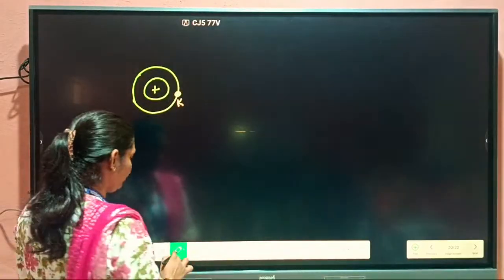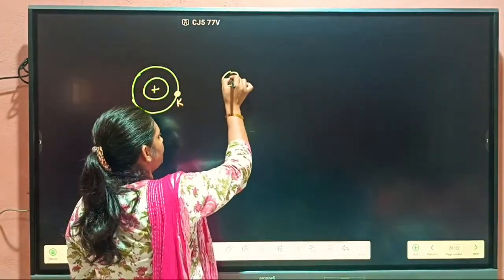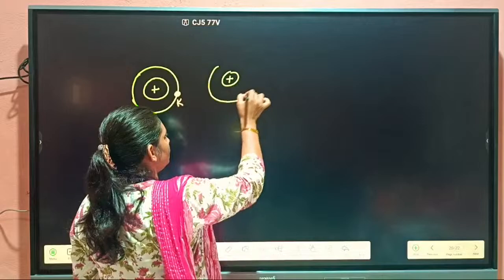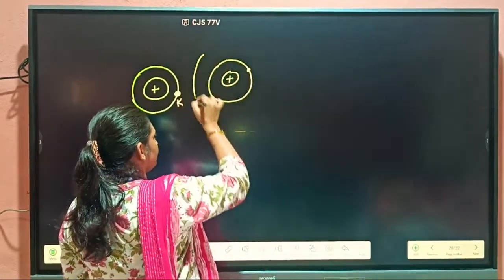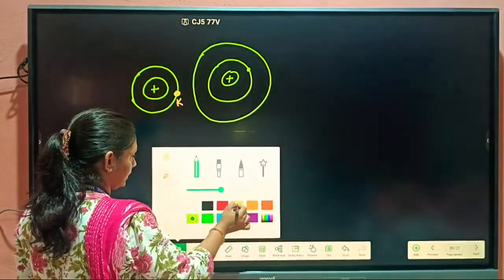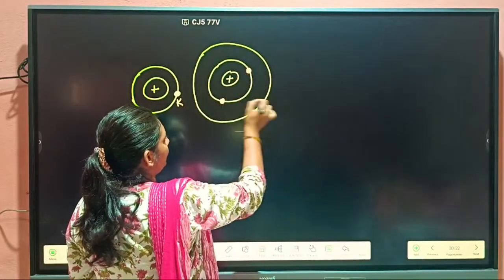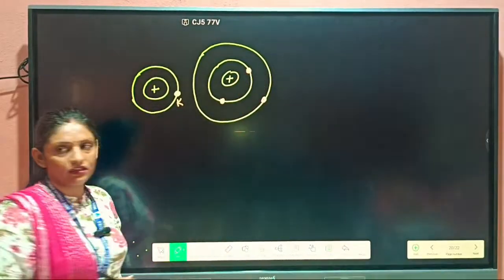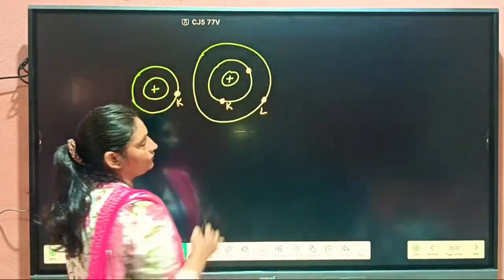But in case of lithium, this is the nucleus, 2 electrons are filled in one shell and 1 electron is filled in the next shell, the L shell.